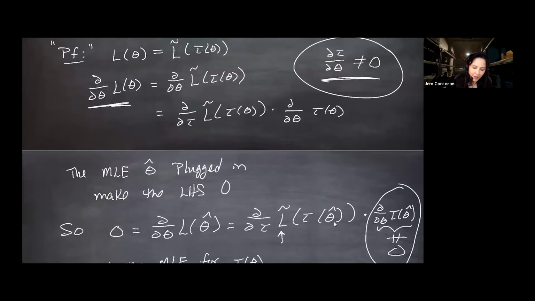Go back up here. We know that this is 0 when we plug in theta hat, by definition of the MLE for theta. And if this is not 0, then this will be forced to be 0. And yet, if we're finding the MLE with respect to tau, we would take the derivative here with respect to tau, and the solution for tau would be the MLE for tau.